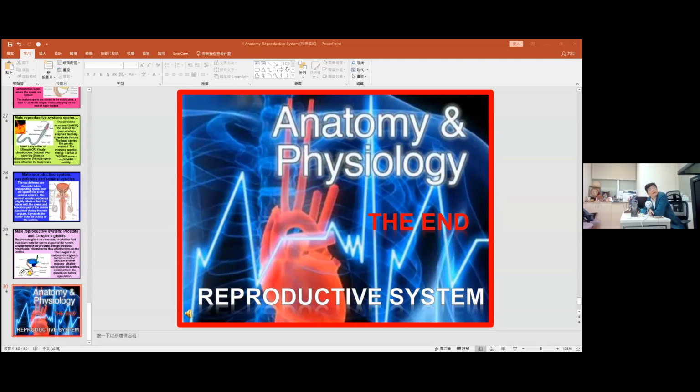They stimulate the FSH and the LH. FSH is follicle stimulating hormone, and LH is luteinizing hormone. These two hormones are produced from the pituitary.